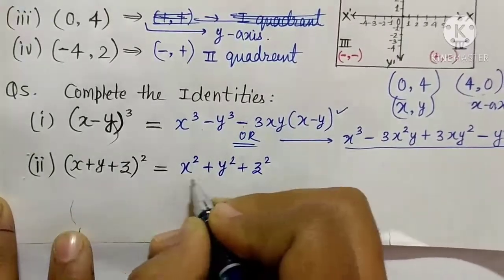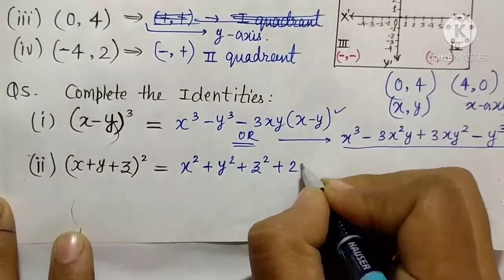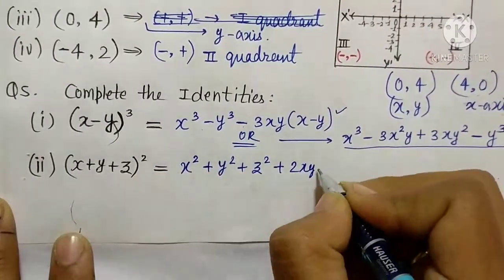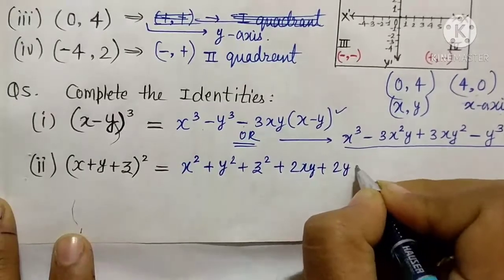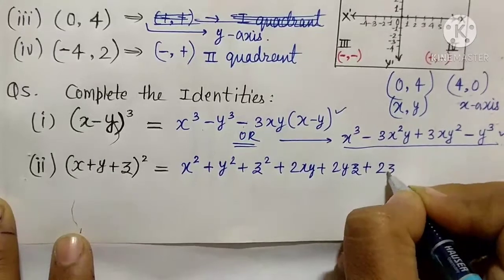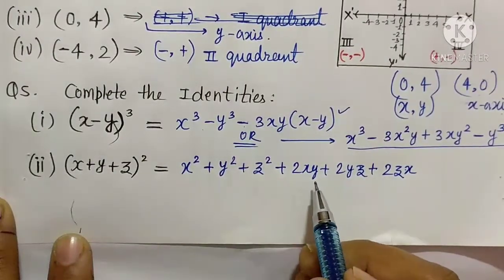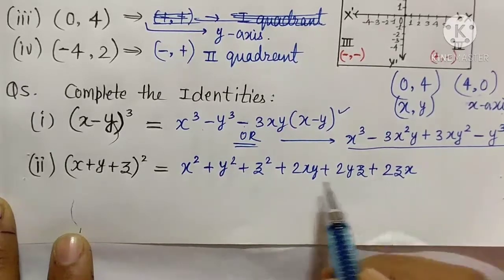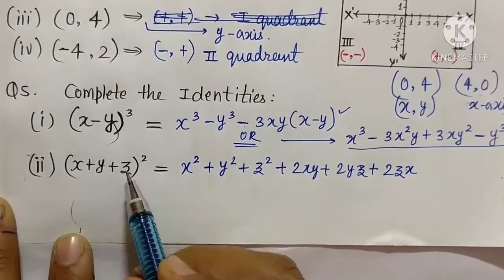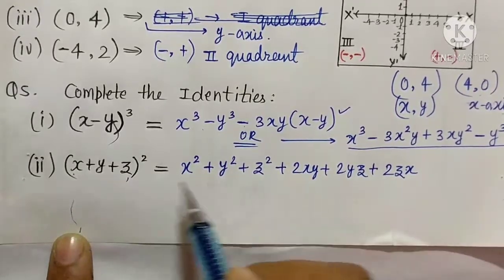See, one time I am taking the square of each term, then plus, now see, 2xy, then 2yz, at last 2zx. First I multiply xy, then yz, at last z into x. Okay, so it is the expanded form of this formula.